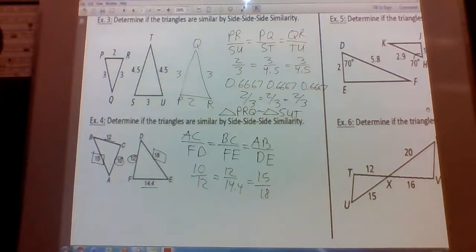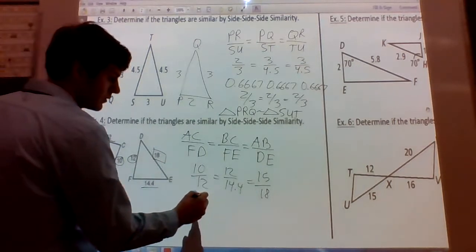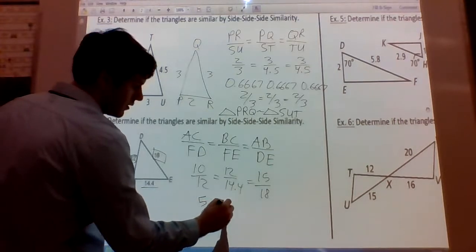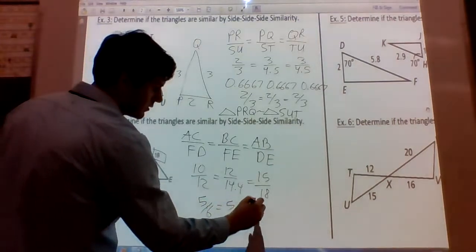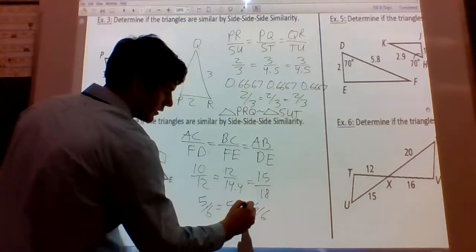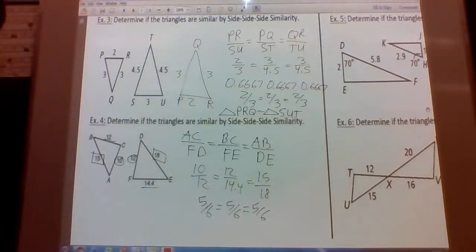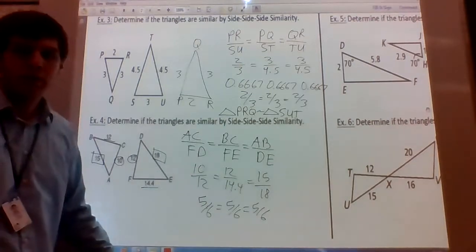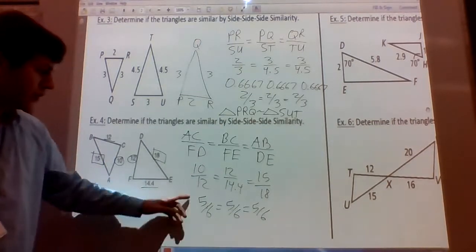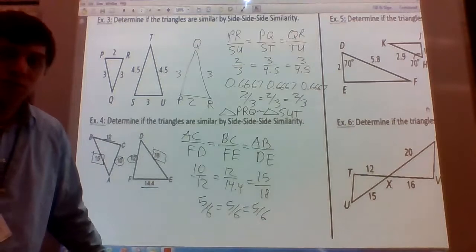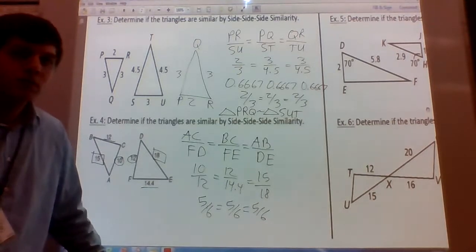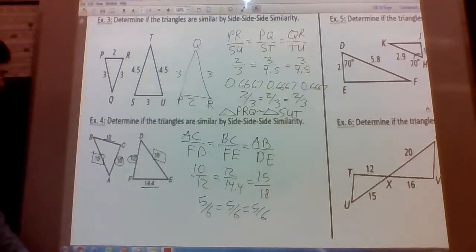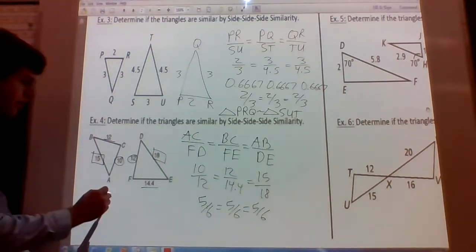If we reduce all these fractions, we get 5 over 6 for each. So 5/6 equals 5/6 equals 5/6. Again, if you put them in the calculator and come up with decimals, that's fine. You would get 0.83333 for all of them. Either way, they're all equal, so we know the triangles are similar.